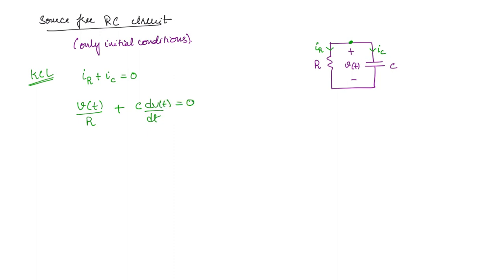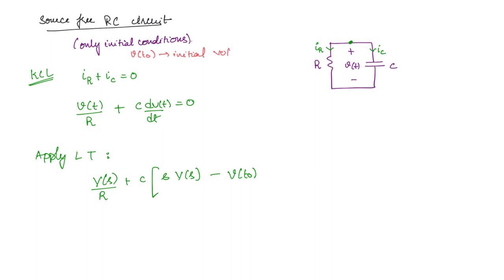Now you can apply the Laplace transform. So then what will you get? V of s by R plus C times s V of s minus V of t naught. Here we take the initial condition V of t naught, the initial voltage across the capacitor.